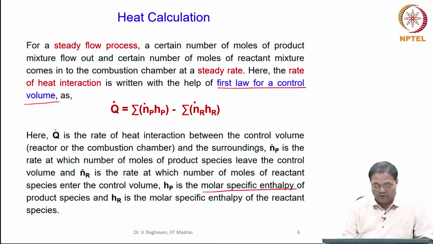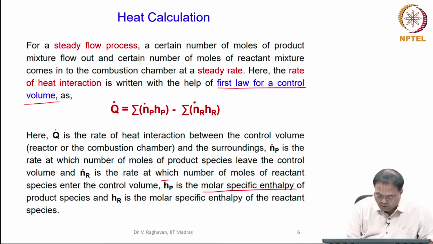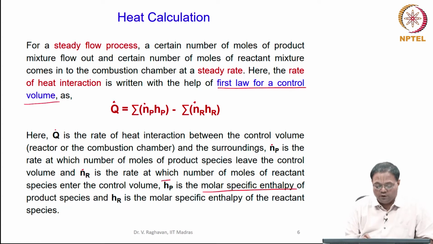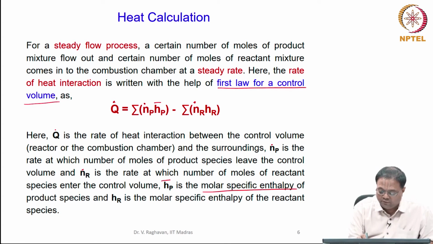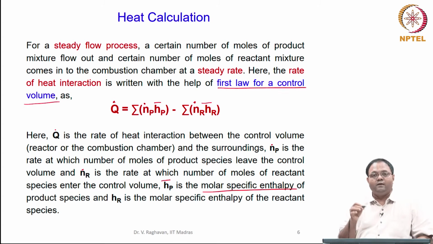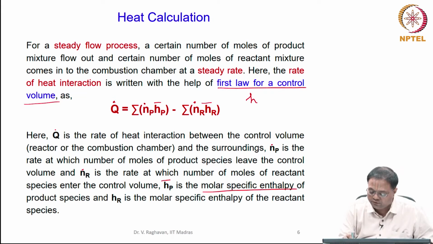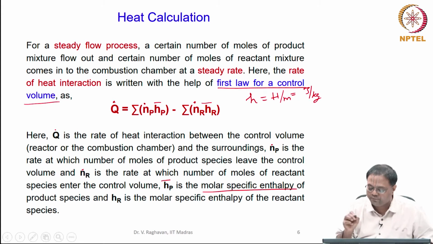Now, one more nomenclature: for molar specific quantities, like molar specific enthalpy, HP is the molar specific enthalpy of the product species. Normally you put an overhead bar. When you put an overhead bar, I emphasize the fact that this is a molar based quantity. So, if I say H, this is H by M, which is joule per kg.